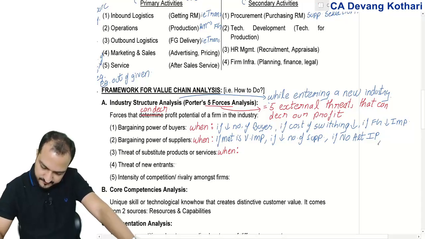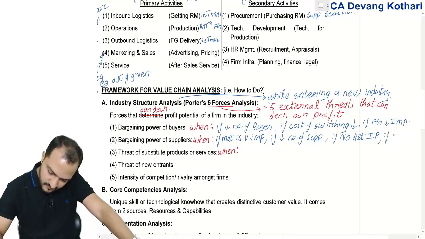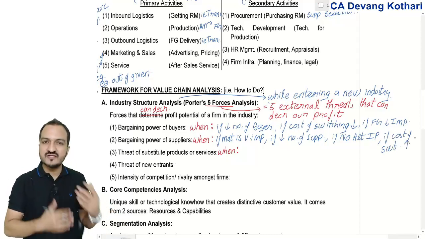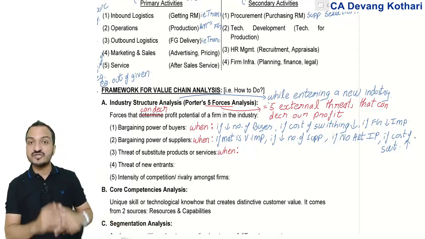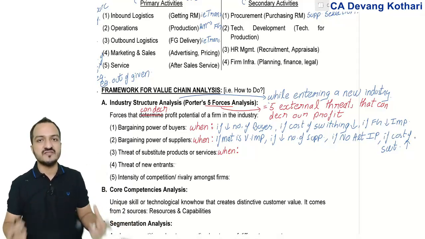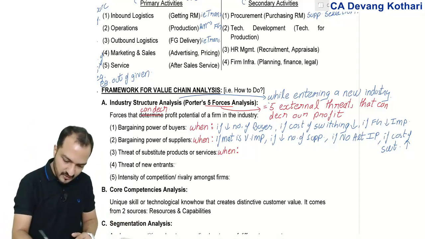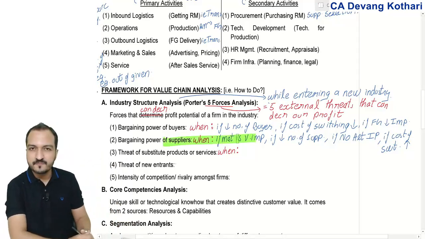And over here I can add one point: if the cost of switching supplier is very high, if the cost of changing the supplier is very high, then you will not change the supplier. Even if the supplier charges more price, you will not change the supplier. This means the supplier has got more bargaining power.